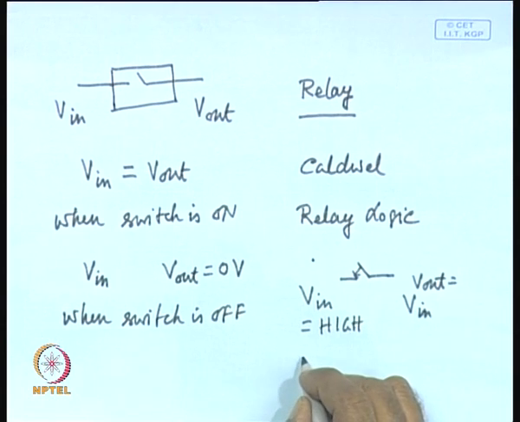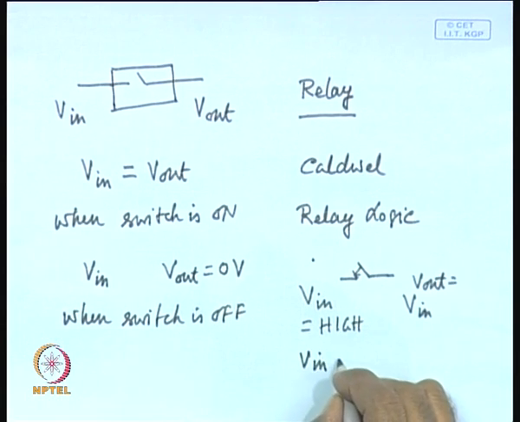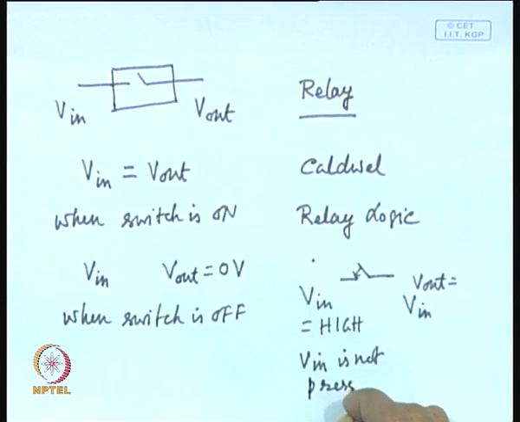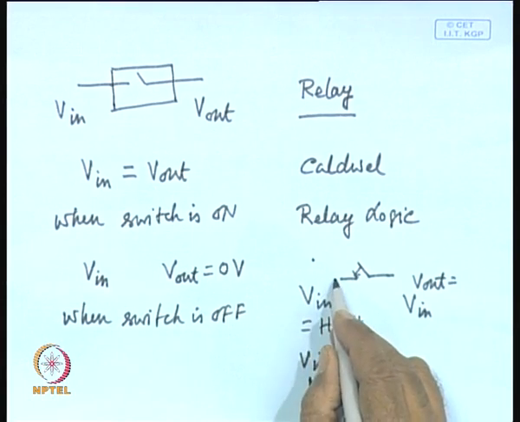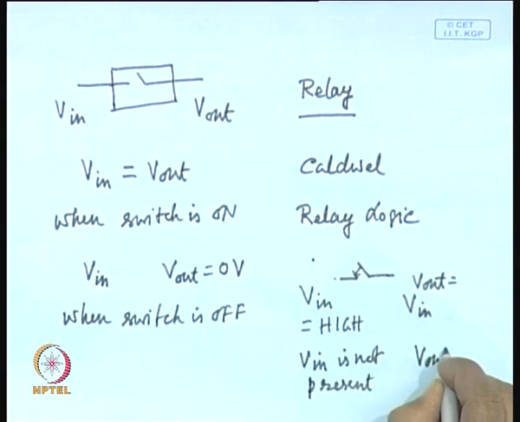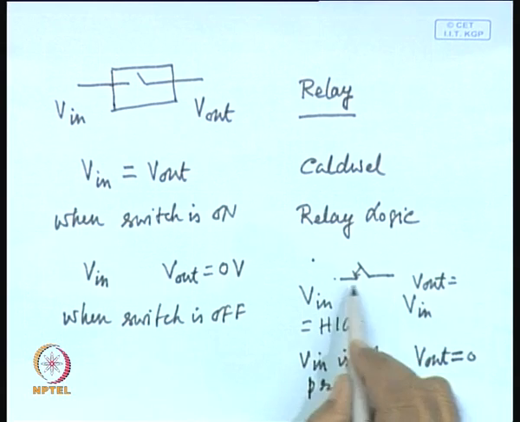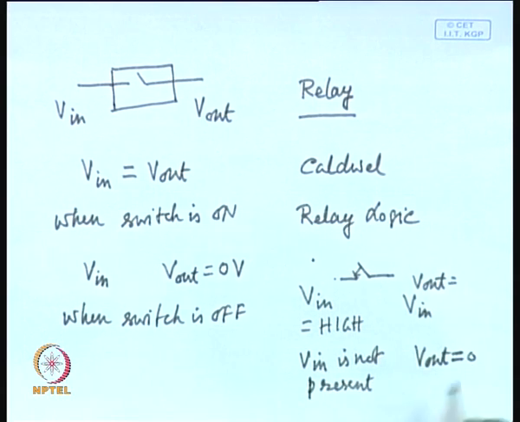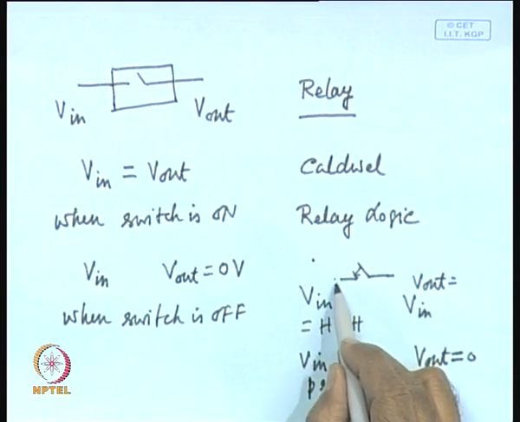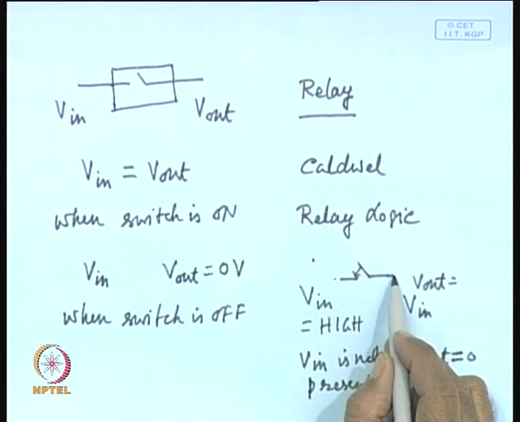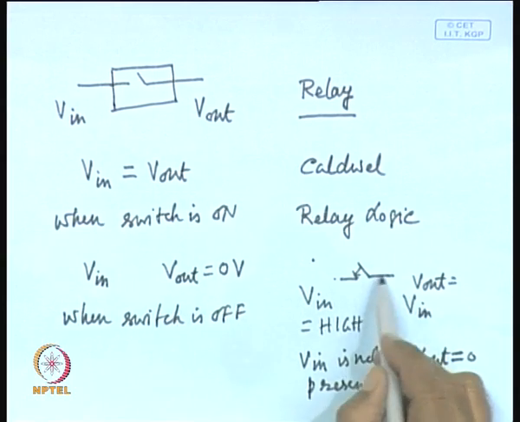Whenever V in is not present, that means there is no input applied to it, then V out is equal to 0. That means, in case of relay logic, absence of input provides a 0 output. That means absence of input is treated as low input, and at the output you get 0 whenever the switch is closed.